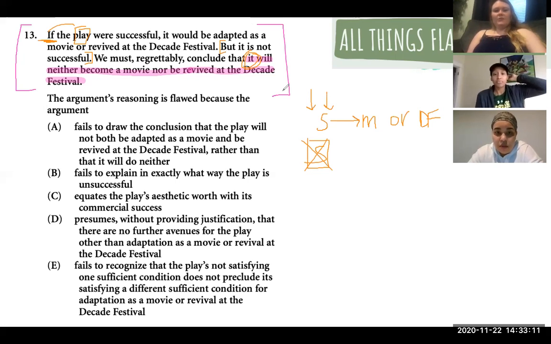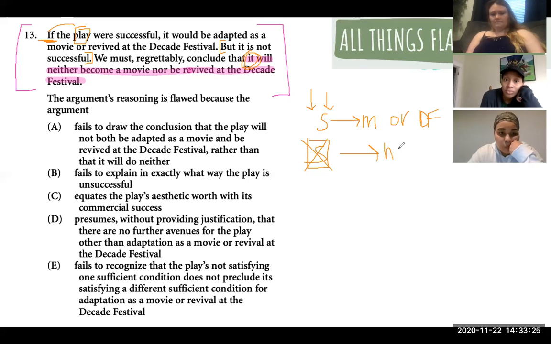So then our conclusion says that we must conclude that it will be neither, because it's not successful. We try to conclude that it will neither become a movie, nor will it be revived.